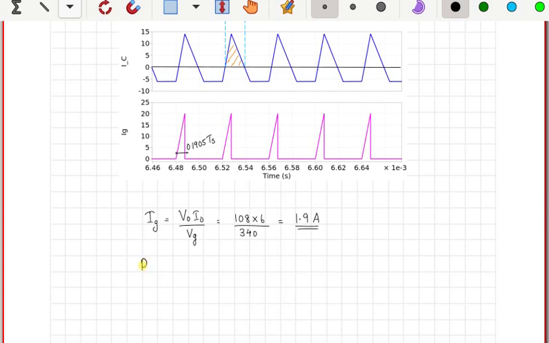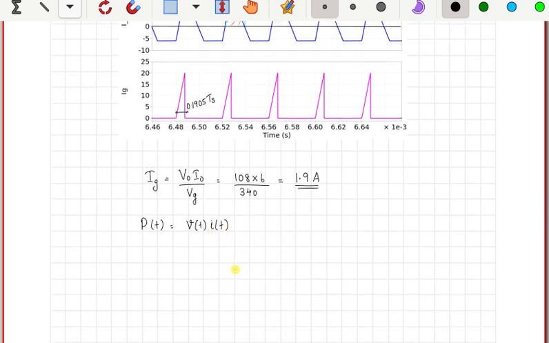And the instantaneous power, if you look at the time variation of power, it is going to be V times I, and if your V is a constant, then it is simply the variation in the current that appears in the power as well. So if you take an average over one switching period or one fundamental period of any of these harmonic components, you will find that the average power contributed by the harmonics is going to be 0.